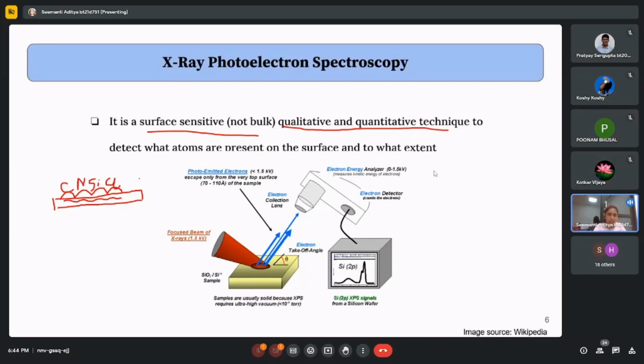Depending upon whatever atoms we have on the surface, it basically works on the principle that the kinetic energy of electrons after getting excited from different atoms will be different for different atoms. Suppose there are different numbers of electrons present on the outer shell in different atoms.